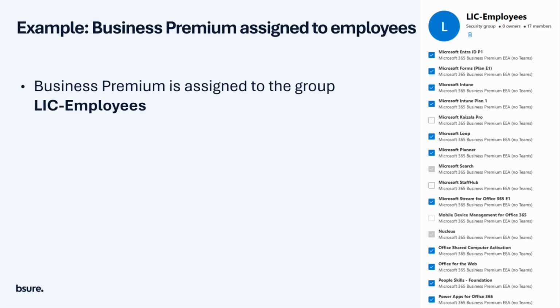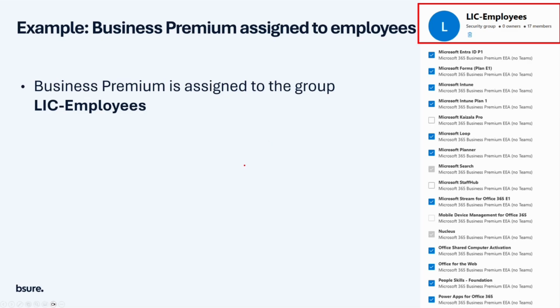Let's take a look at a more practical example. I'm using BeSure now as an example. We are not that big of a firm, so we're still using Business Premium, probably for a while more. And we assign licenses using a group called LIC employees. This means that every employee automatically receives the license through group-based assignment.